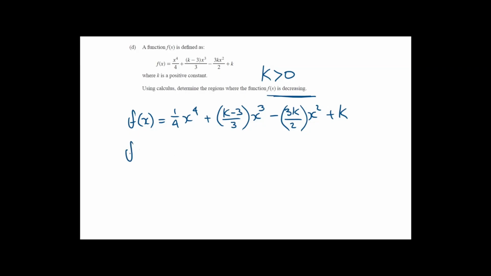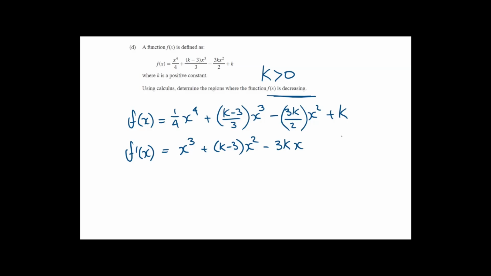All right, so now when we differentiate this, 4 times a quarter is 1, so that's going to be x cubed. 3 times this, the 3s are going to cancel, so I'm going to be left with (k minus 3) x squared, and bring the 2 out the front, so I'm going to be left with minus 3k x, and then the k disappears because it's constant.